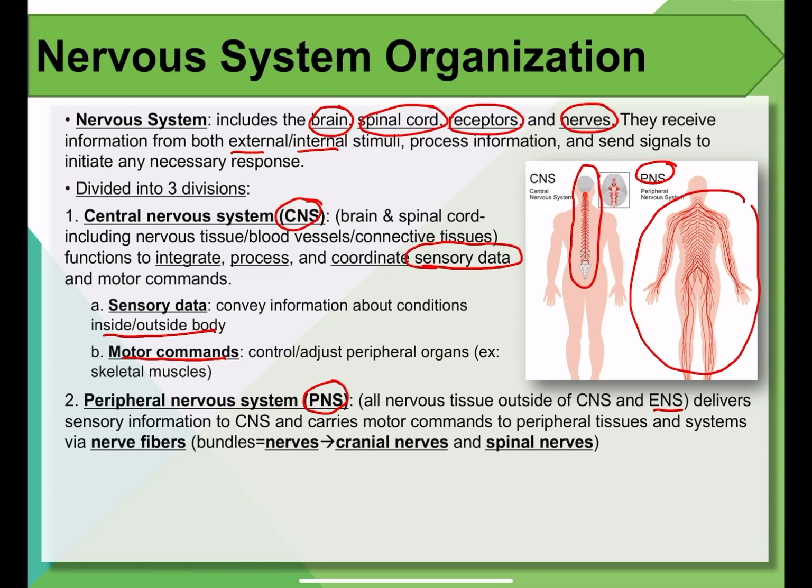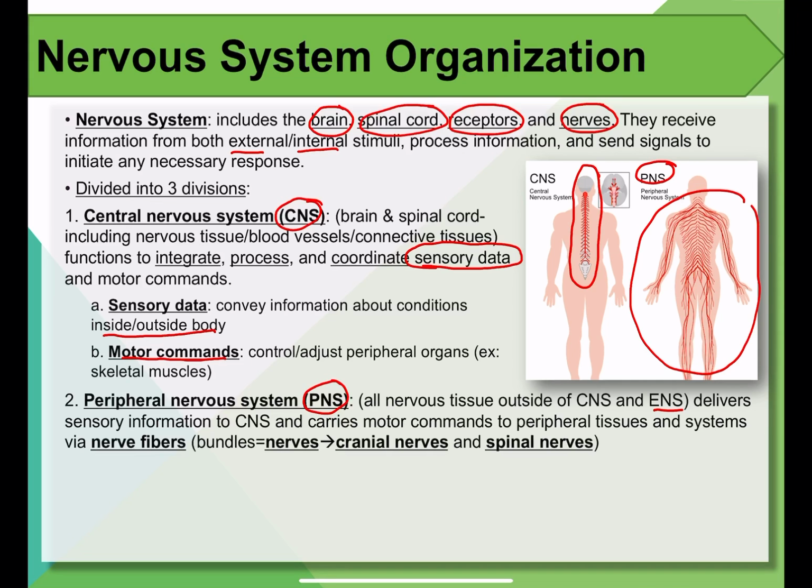It is mainly for delivering sensory information from your peripheral limbs, for example your fingers and toes, towards the central nervous system, and then carrying the motor commands from the brain and central nervous system back out into the peripheral tissue. And it is through the peripheral nervous system that you can control other organs and tissues, such as muscle fiber that we talked about in the previous chapter.